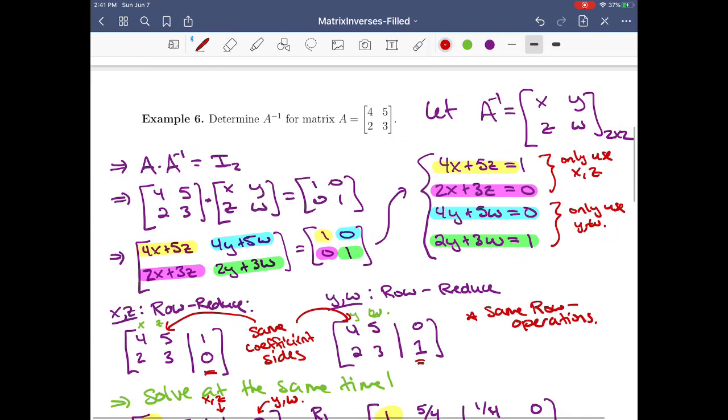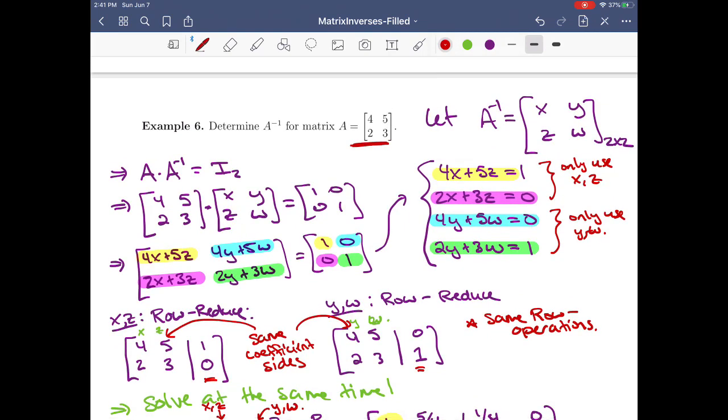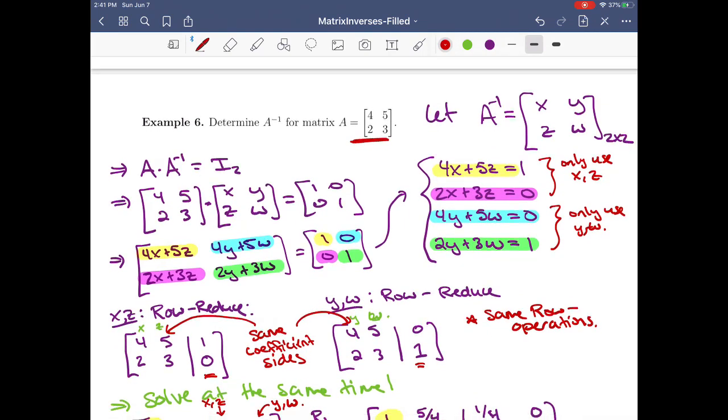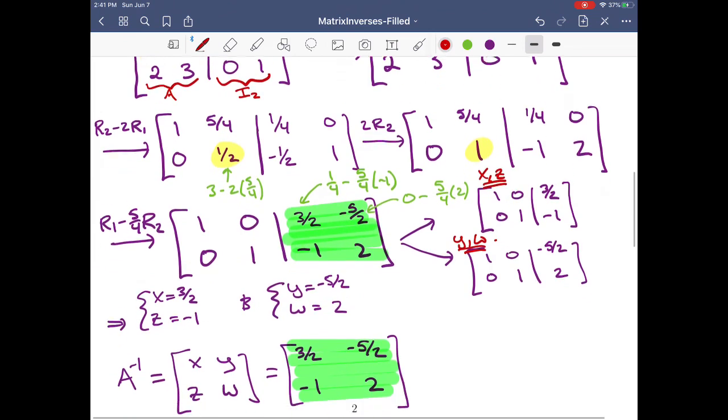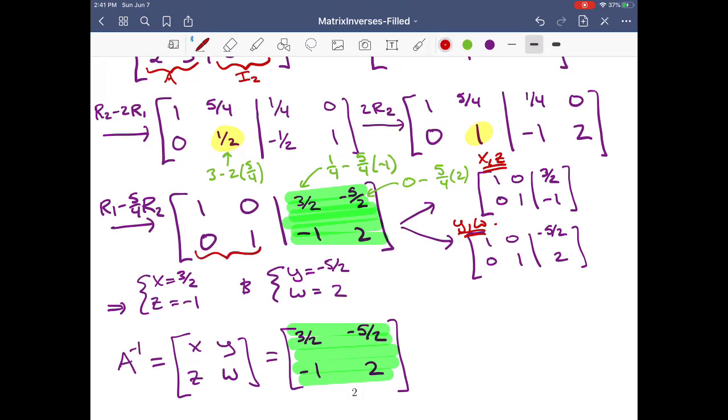Okay, so notice that that was A here. So after all of that work, the thing that we actually wanted to row reduce had coefficient matrix A. And then we augmented it with the identity of the same size. Okay, we do our row reduction, and we end up with the identity on the left, and then the matrix on the right is the inverse. Okay, so that's going to be our shortened method.